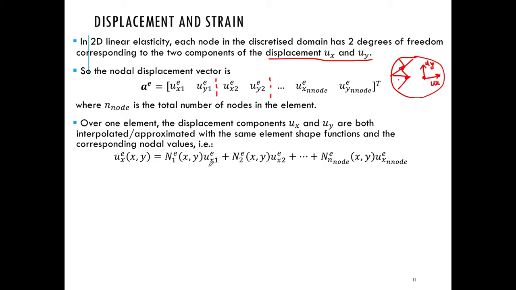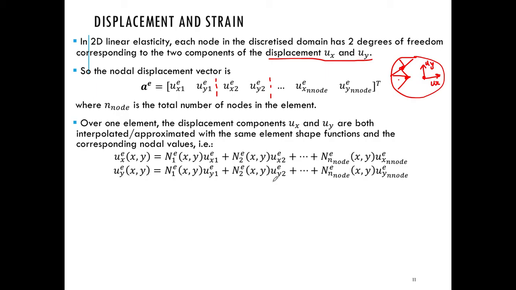So N1 is multiplied by ux1, N2 by ux2. Please note that because I'm finding ux, I'm only using the x displacements of each of the nodes, so only ux1, ux2 and so on. But if I want to find my y displacement at any point in the element, then I will use my y nodal degrees of freedom, so uy1, uy2 and so on.